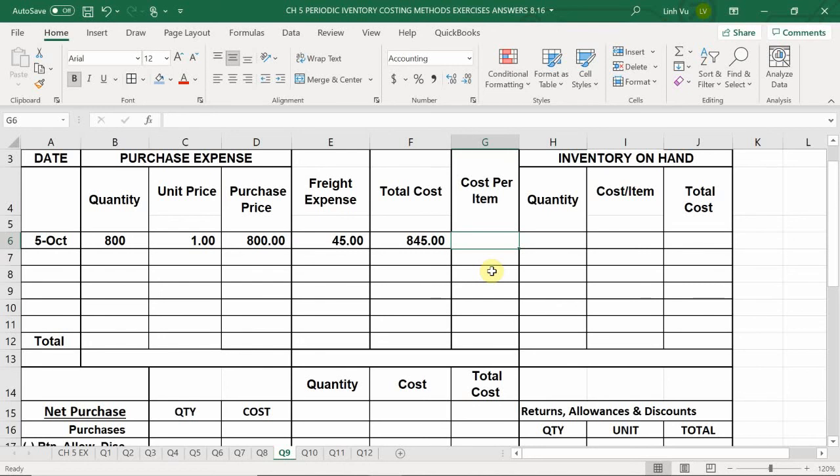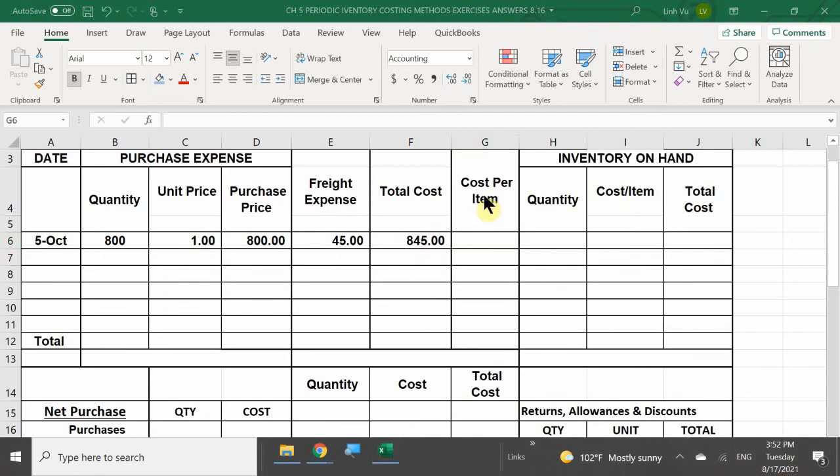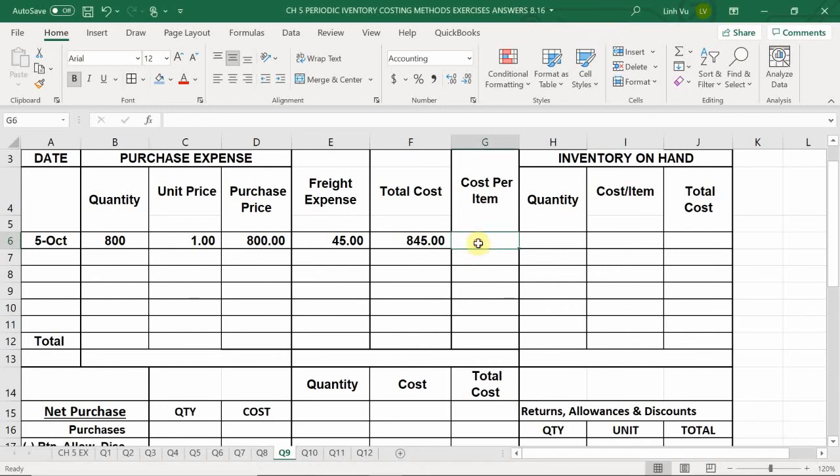So does it matter if we calculate our cost per item? You could calculate it for practice purposes, but in this case, we don't care because we're going to total up our total batches and then solve for our average cost per item because we're working with weighted average.